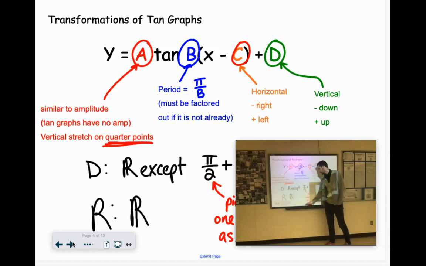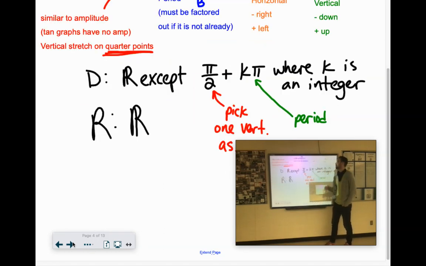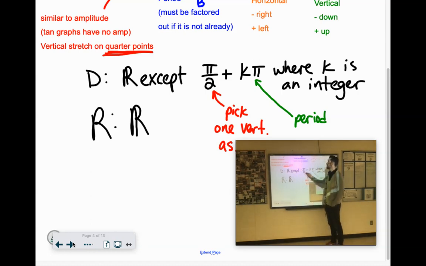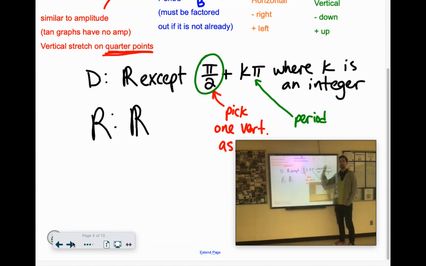So the weird part is going to be the domain and range. Domain is going to be all real numbers except for all those asymptotes. So the way you're going to write where one of the asymptotes falls, which typically is at pi over 2, plus a period. So a period on a typical tangent is pi, right?